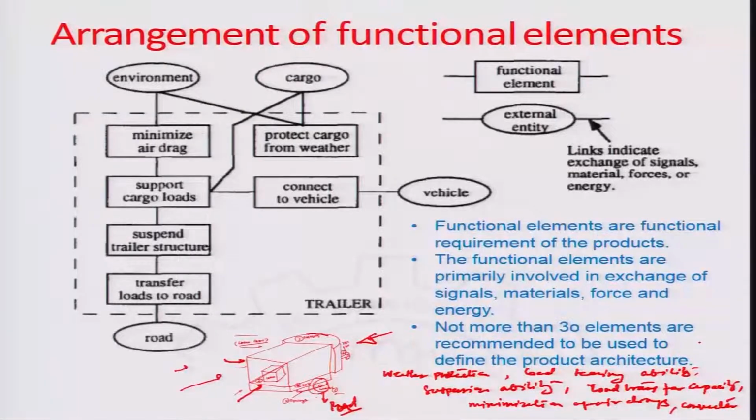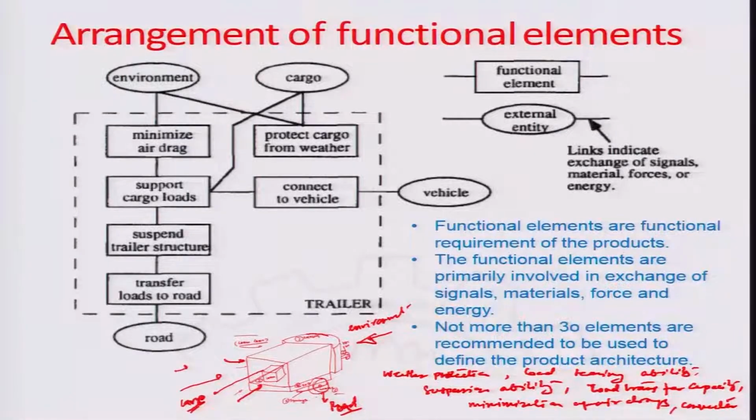Obviously, there is another element of weather, or you can say the environment in which the product is being operated, through which the product will interact. And the third element, which is of significance here probably, is the cargo, because cargo is again externally loaded onto the product. So, it is no longer a part of the system, or at least the system level integration between the different subsystems connected together.